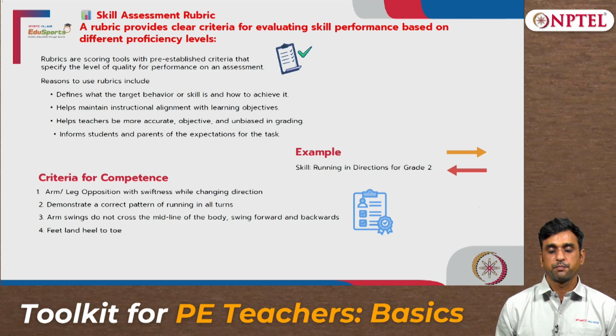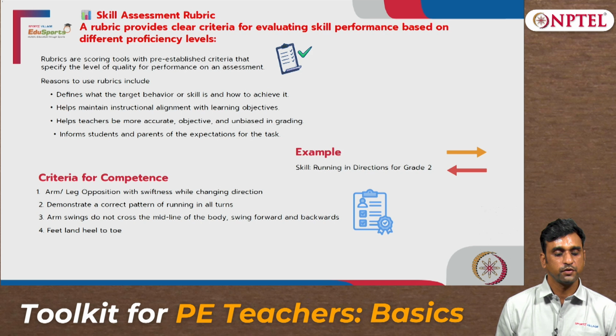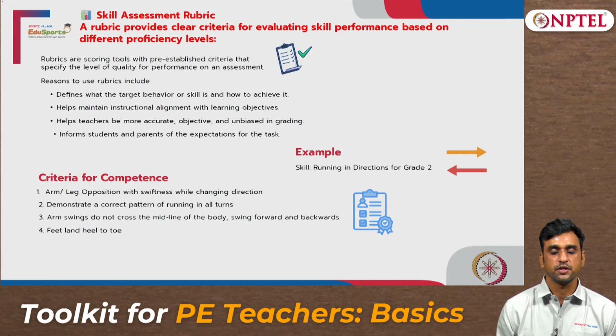Here is an example of a rubric for the skill that we are testing, which is running in direction. This is for our age group of 7 to 8 years, grade 2 students, and this is the criteria for competence. The first is arm and leg opposition with swiftness while changing direction.